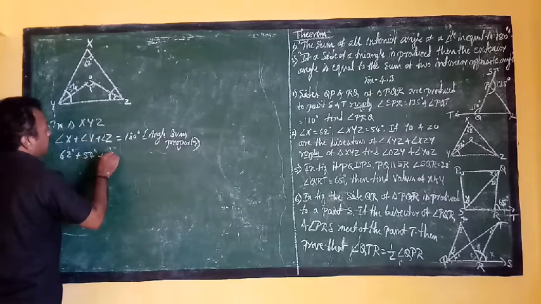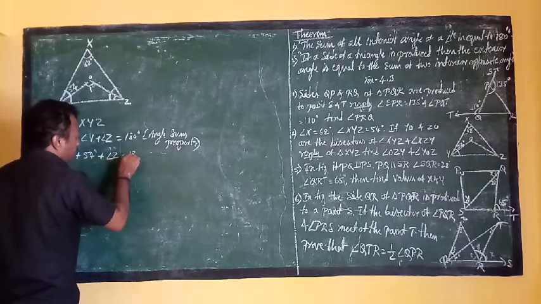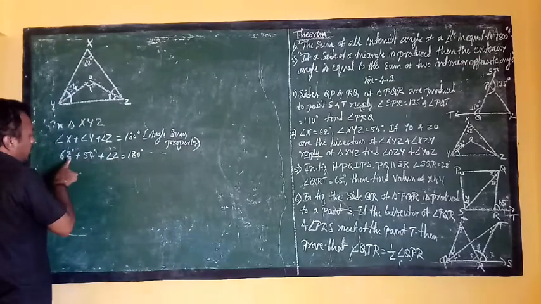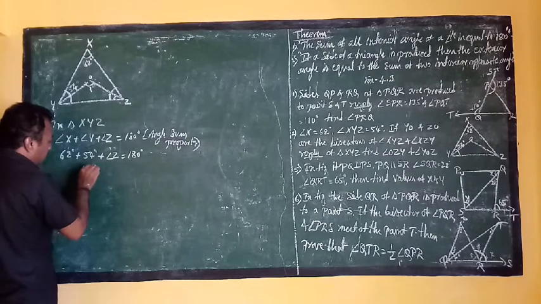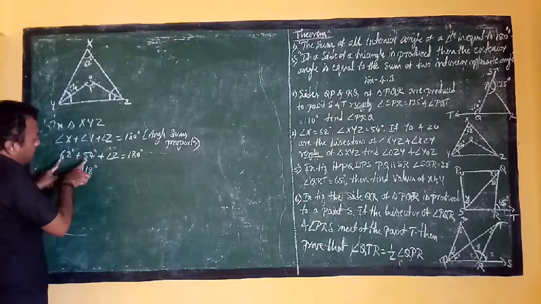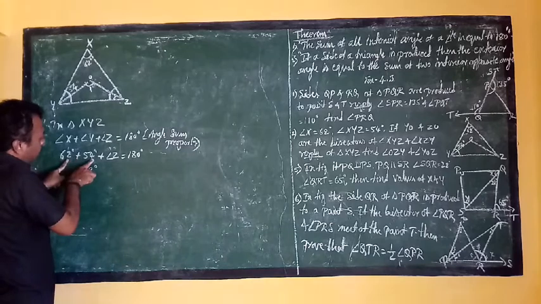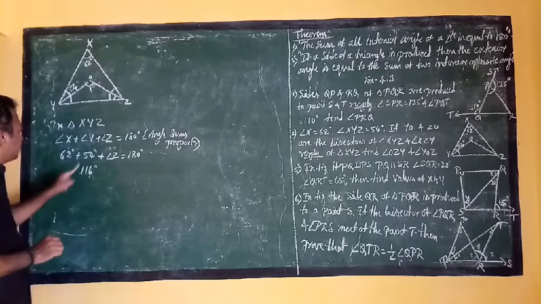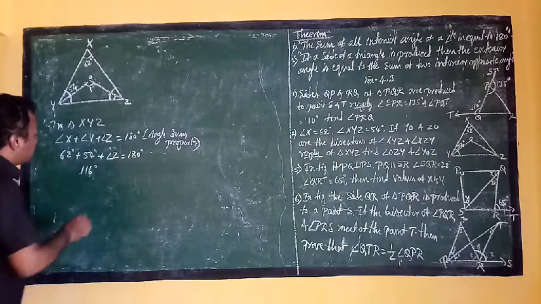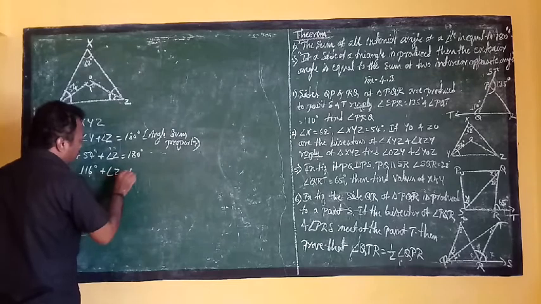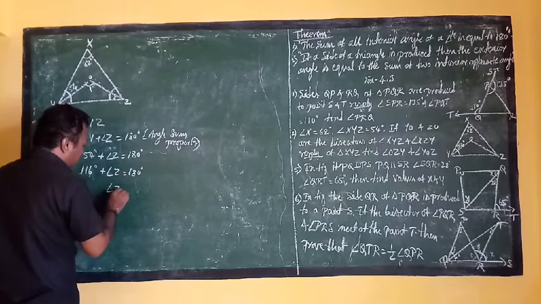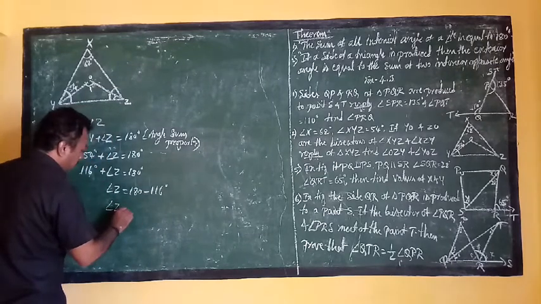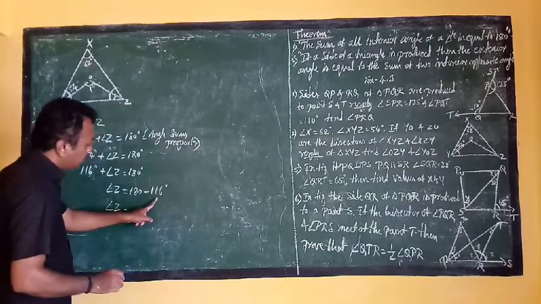Plus angle Z, which we have to calculate, is equal to 180 degree. So 62 plus 54 is 116 degree. 116 degree plus angle Z is equal to 180 degree. So angle Z is equal to 180 minus 116, which is 64 degree.